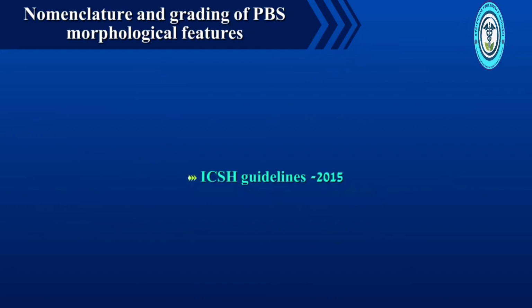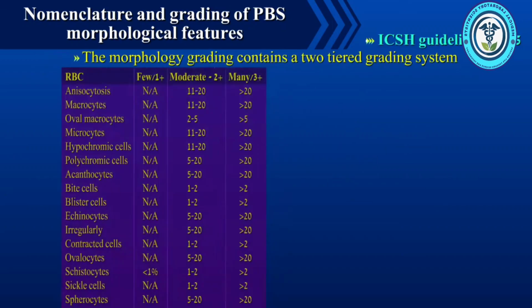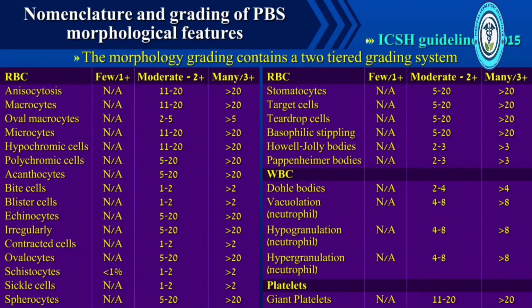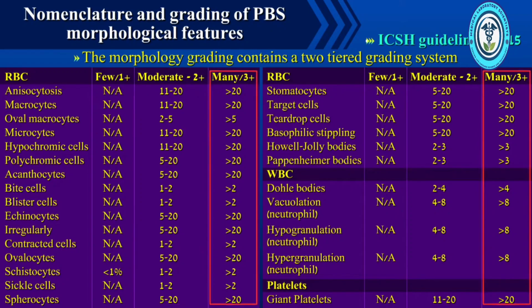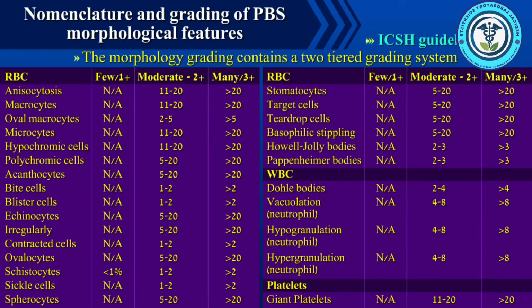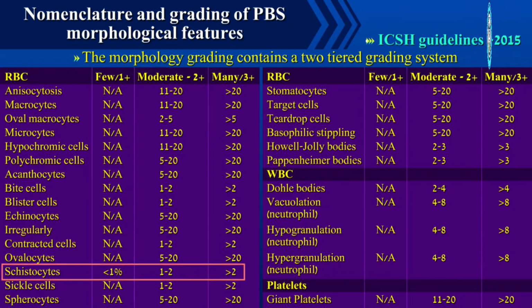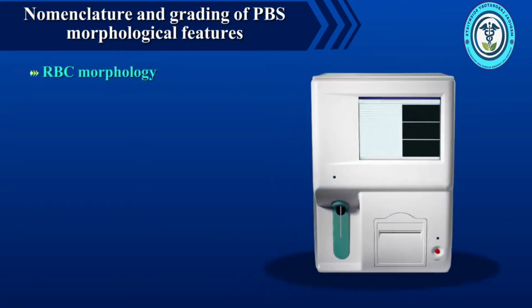According to the latest guidelines given by ICSH in 2015, the morphology grading contains a two-tiered grading system for moderate as 2 plus and for many as 3 plus. The designation for few or rare as 1 plus is reserved only for schistocytes as the observation even in small numbers is clinically significant. First, we will start with RBC morphology.